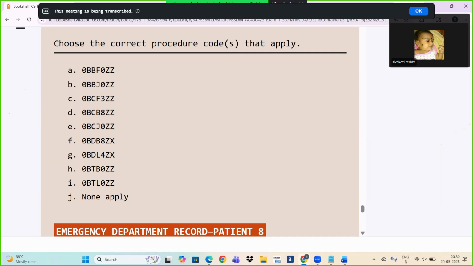Remaining options are eliminated. Just check 0BTB0ZZ and 0BTL0ZZ, which means the fourth character is changing. The fourth character is the body part. Now we need to go to 0BT in the tabular list and check what the B value is and what the L value is. Go and check.